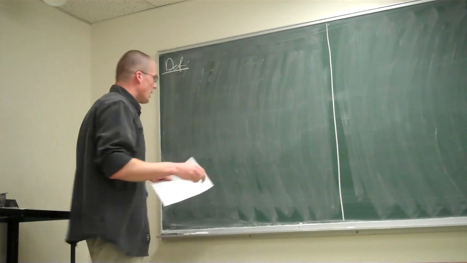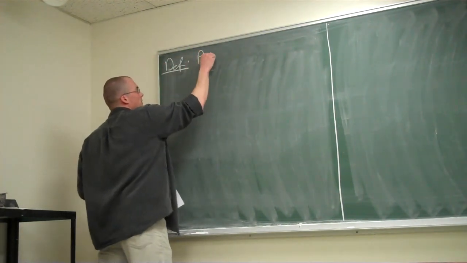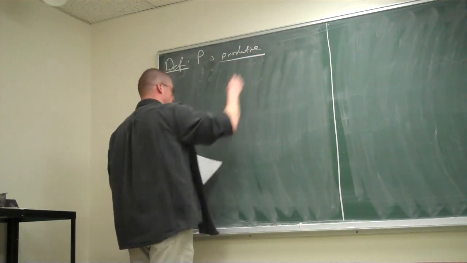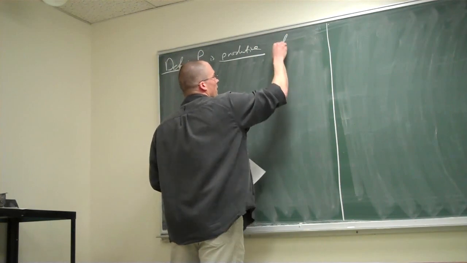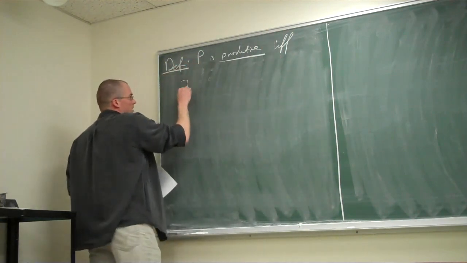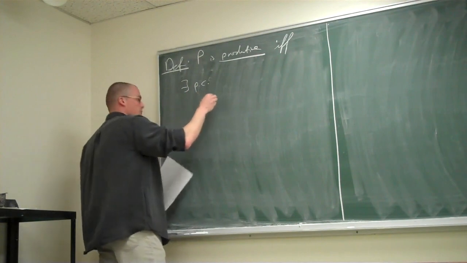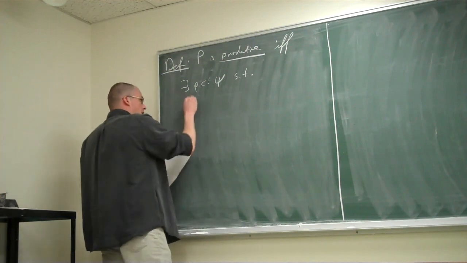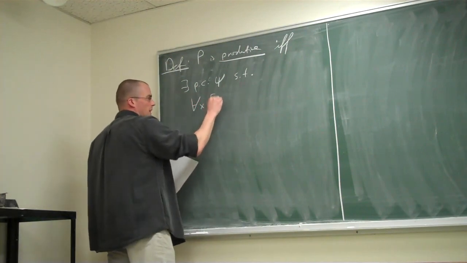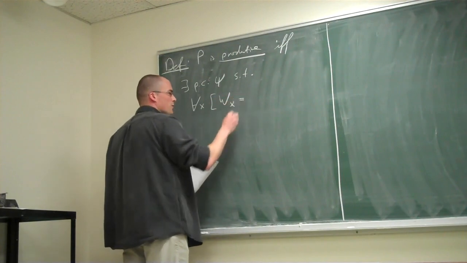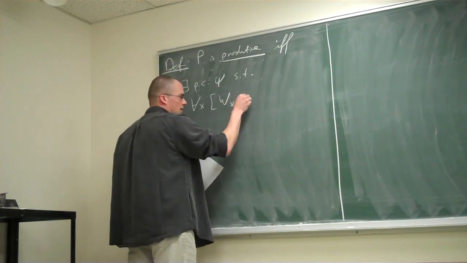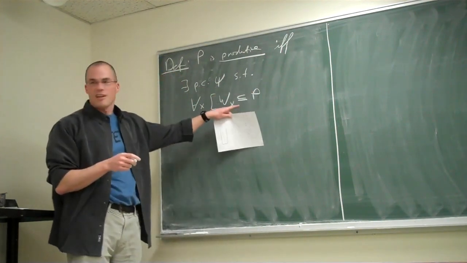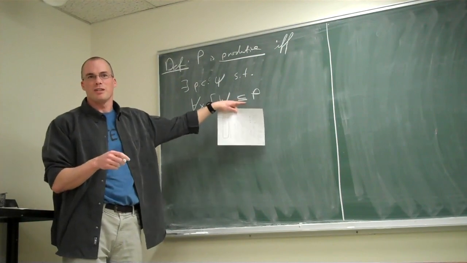Definition. P is productive if and only if there exists a partial computable psi such that for every x, if x is the index of a computably enumerable set such that this computably enumerable set is a subset of P. Of course, this is a complicated requirement in general.